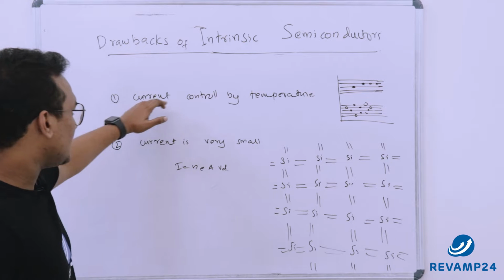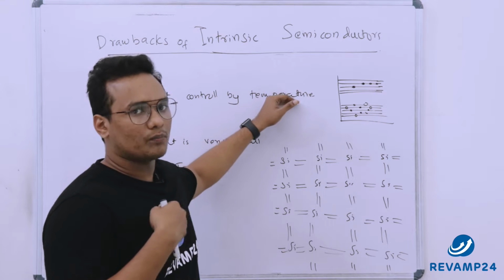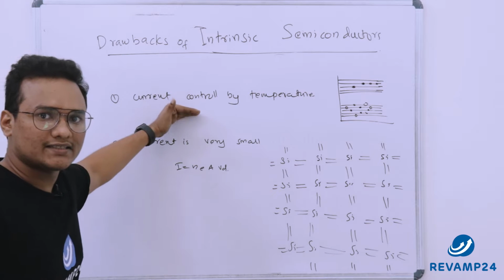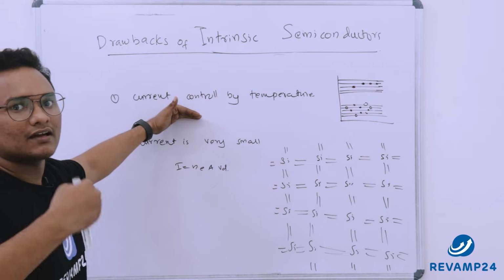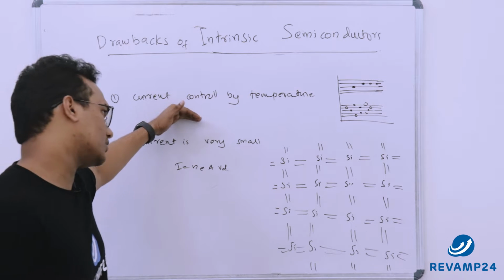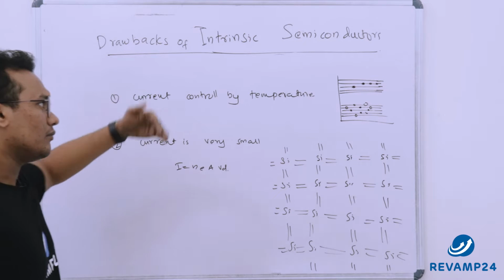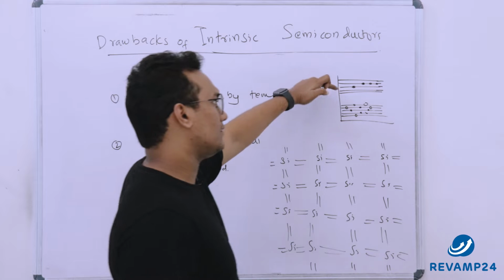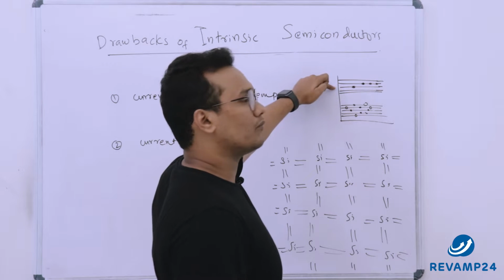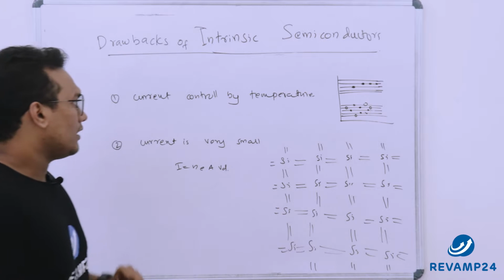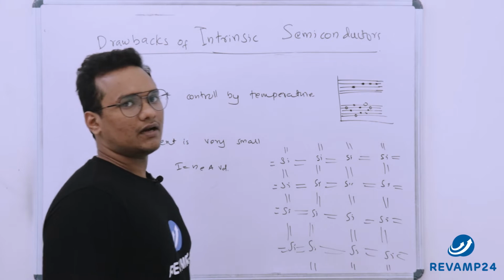So current is controlled by temperature, not by us. We have no control over the current. It's the temperature that decides what the current passing through intrinsic semiconductors should be. Higher the temperature, more electrons in the conduction band, more conductivity and more current.